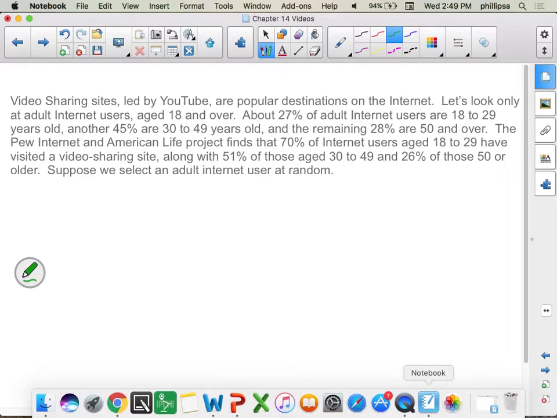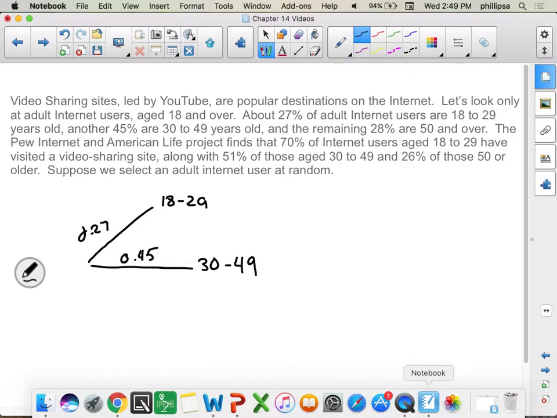We have three age groups that it starts with. 27% of users are 18 to 29. 45% of users are 30 to 49 years old, and 28% are 50 and over.